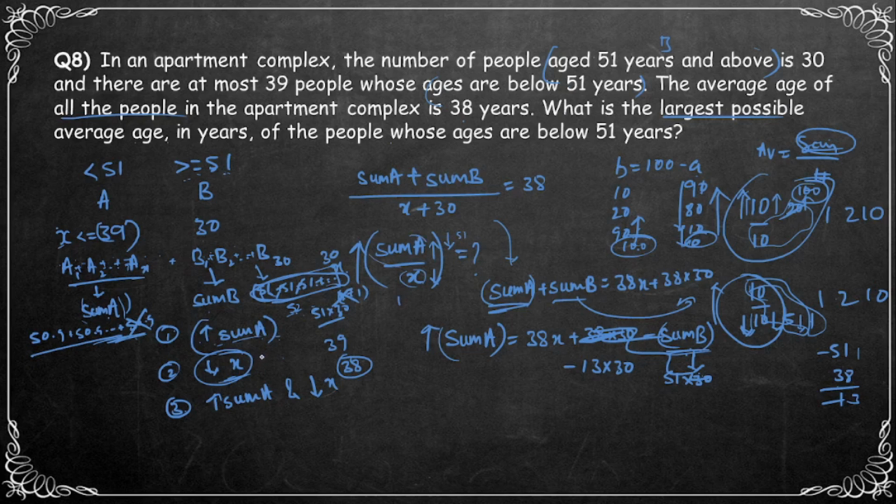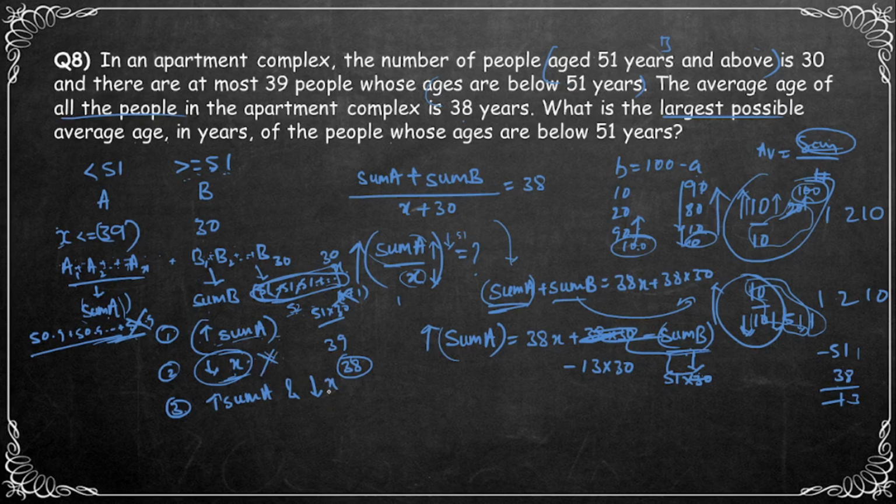So this is not the correct way to go, because there is a dependency between x and sum A, and that dependency is causing the overall value to fall heavily. If you decrement x by 1, sum A also decrements by a large number. So that is not the correct option.